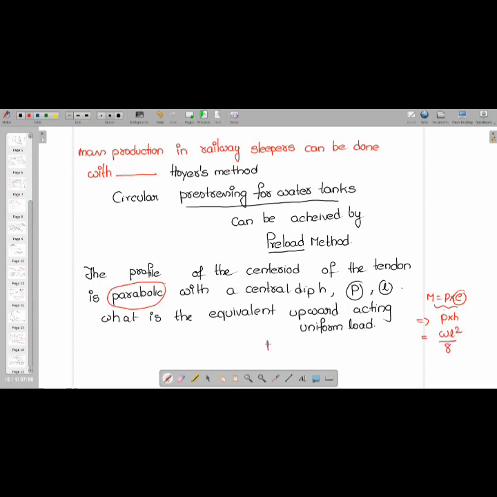Now, P into h is equal to WL square by 8. He's asking what is this W, the uniform acting load. So W is equal to 8Ph upon L square. Clear, students?